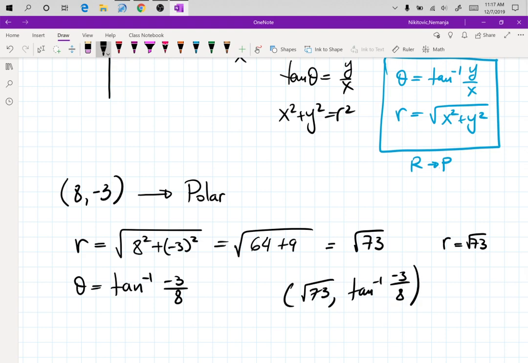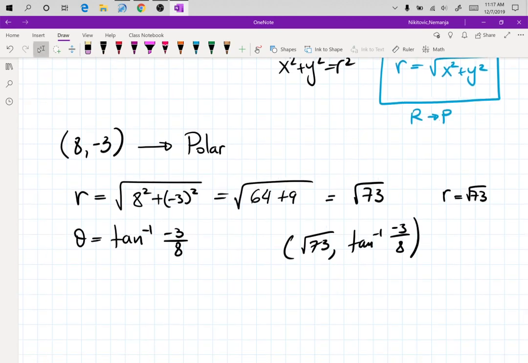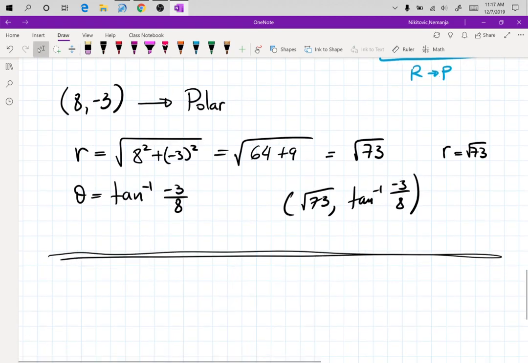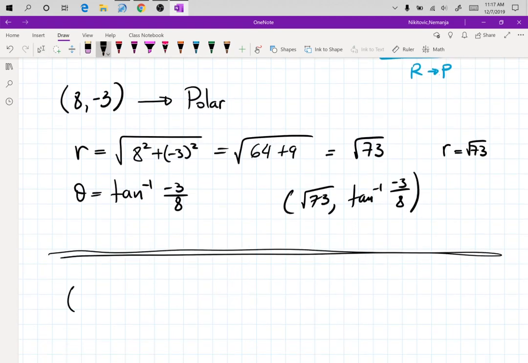So now what we see is that this point 8, negative 3 converts into this monstrosity down there. And that's what I said, that when something is beautiful in one system, it is going to be disgusting in the other. Let's take a look if opposite is the same. So how about if we have, I don't know, 3 and negative pi over 6, let's say.